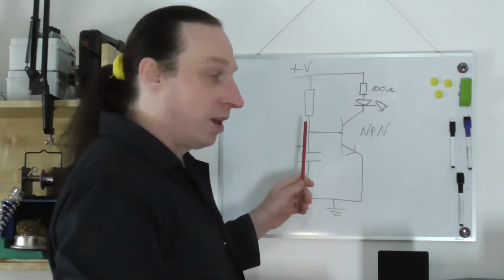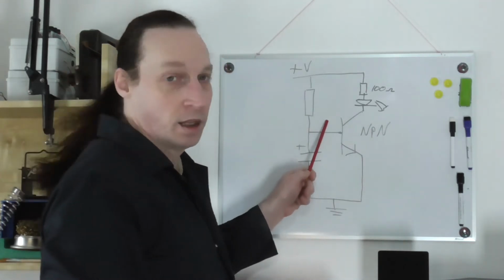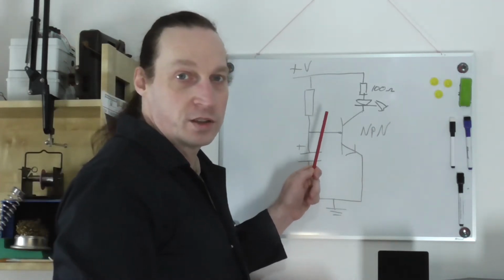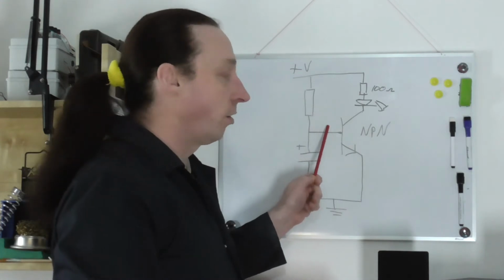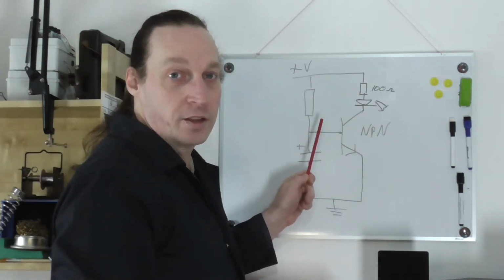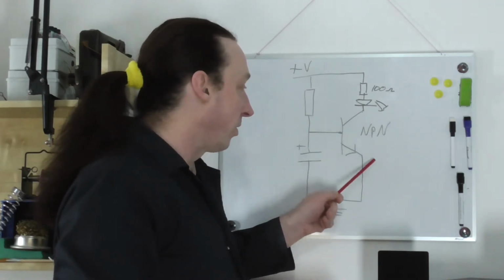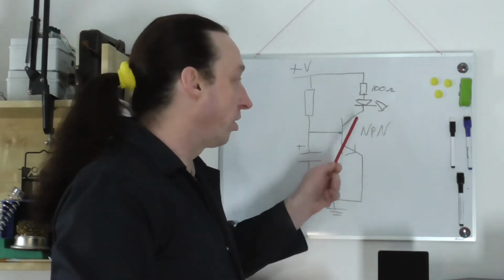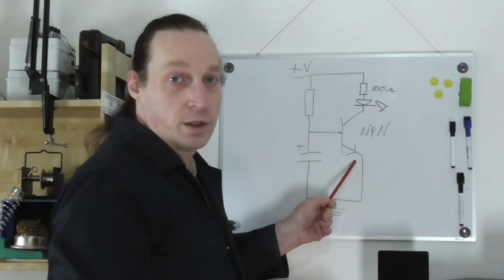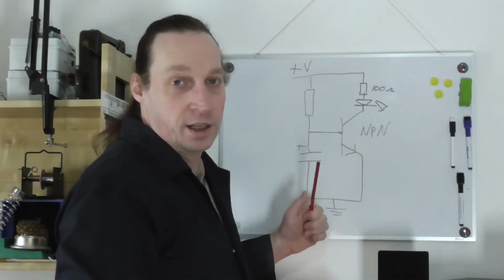But it also might be influenced by this resistor as well, because that resistor is going to restrict how much current flows, and that's going to very much, I suppose, determine how this junction is going to operate and how much current can be allowed to flow through the transistor, because it is a current amplifier.